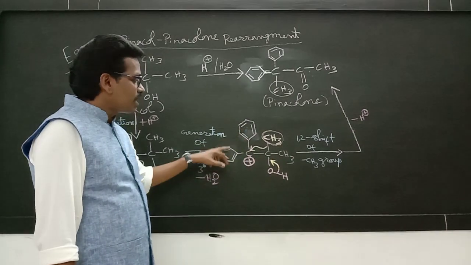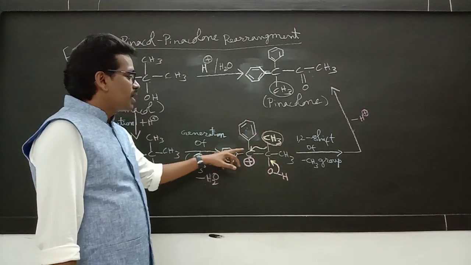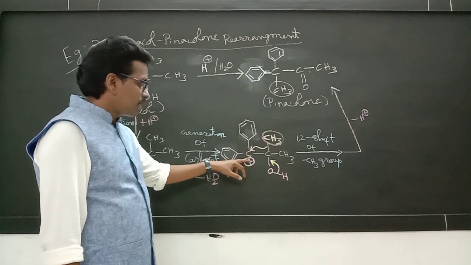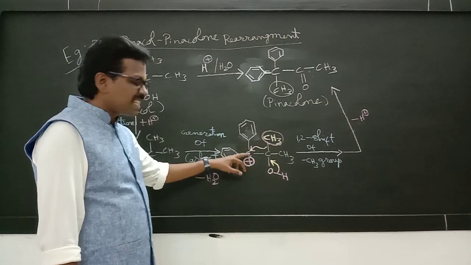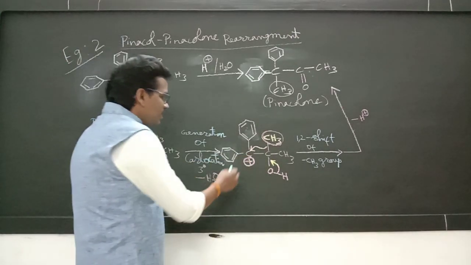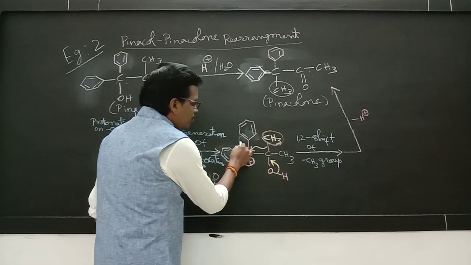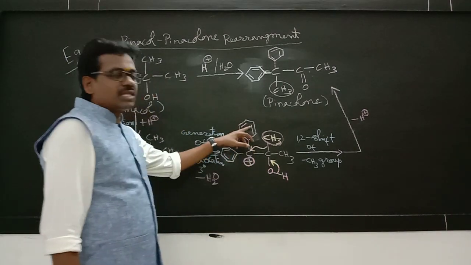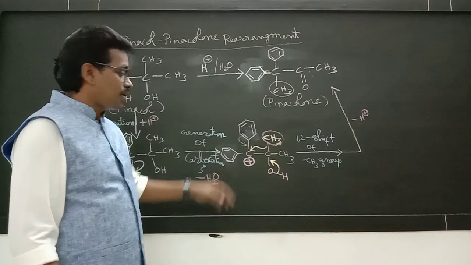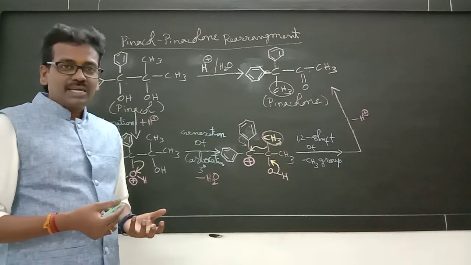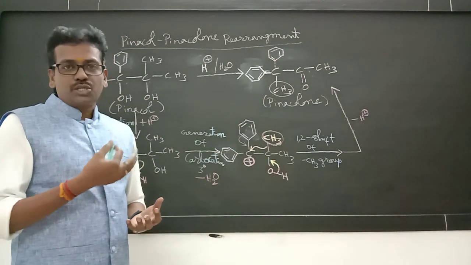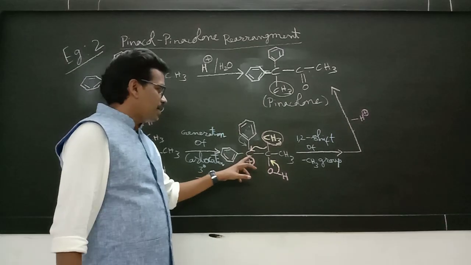That carbocation is more stable because it is also stabilized by resonance with the two phenyl groups. So the possibility of carbocation stabilization through resonance occurs here.